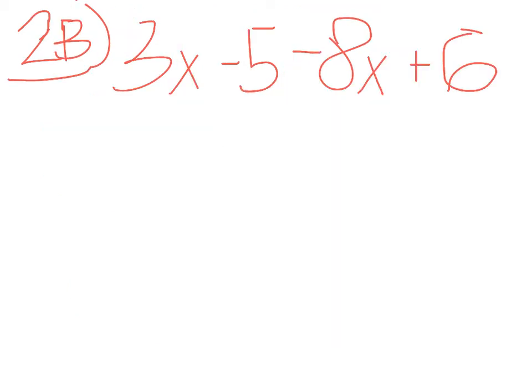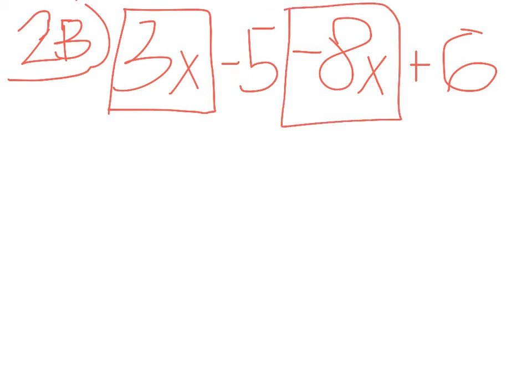Example 2b, we have 3x minus 5 minus 8x plus 6. Again, I start with the first term, put a rectangle, and I rectangle everything else that is alike. So here we have 3x minus 8x. The minus sign has to go with the 8. That's important. So basically that says go right 3, and then minus 8 says go left 8.